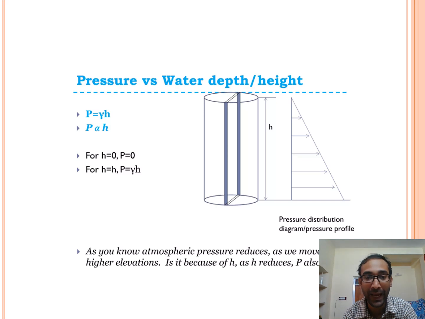In your slides you can see how it becomes a triangle, the bottom pressure distribution diagram. The bottom is maximum and the top is 0. When h is 0, the pressure is 0. When it is h, P equals gamma into h. So P is proportional to h.